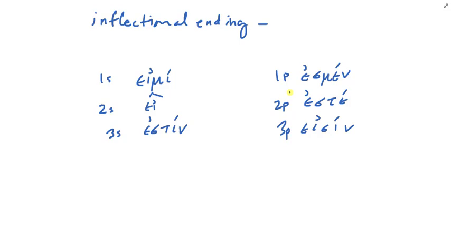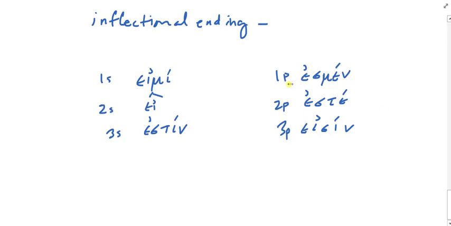If you're a woman or a man and I want to say you are, it's a. Okay? Now, just a few comments here. What do you notice about the breathing marks for all of these forms? They are all smooth breathings. You need a smooth breathing. If I ask you, and I will, if I ask you to reproduce the forms of eimi in the present tense, you will need to put a smooth breathing with all of these.